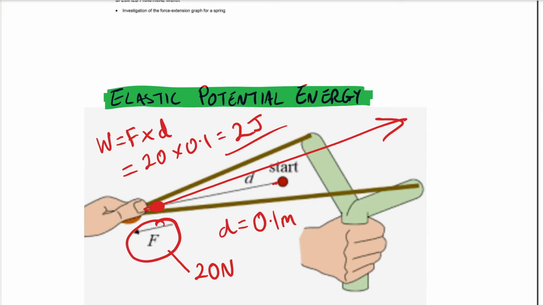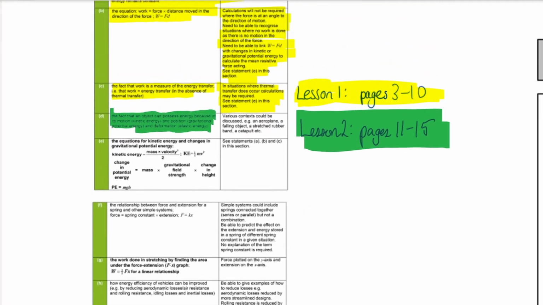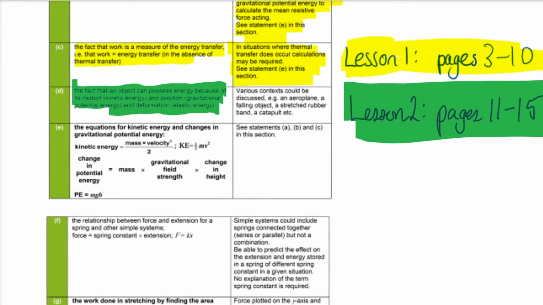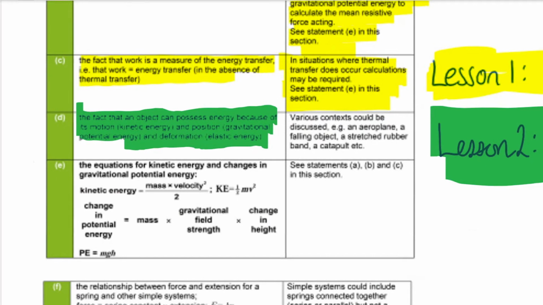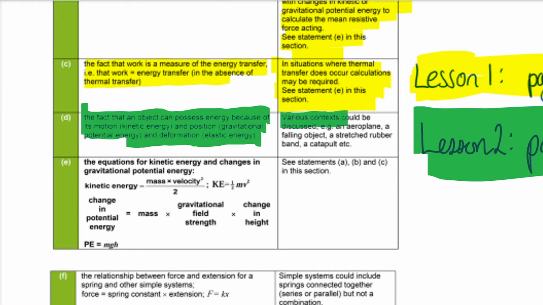But you'll be concentrating mainly on the other 2 types of energy today, which is kinetic and potential, or gravitational potential energy. As it says on the left hand side here, we'll be looking at various contexts, situations. For example, an aeroplane, a falling object, a stretched rubber band, and catapult.